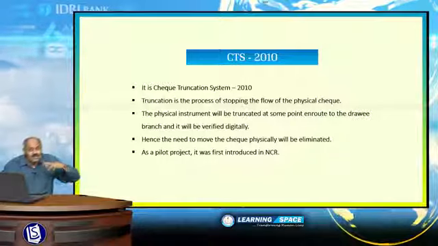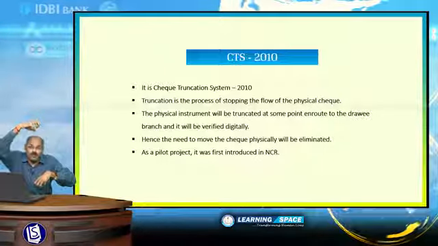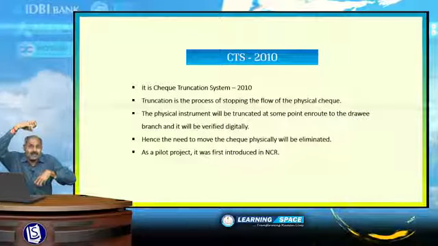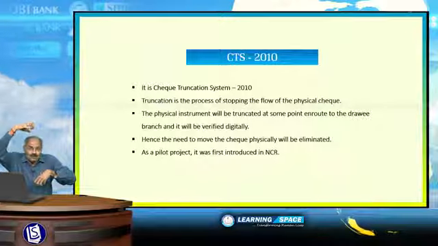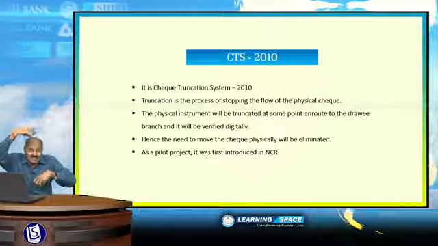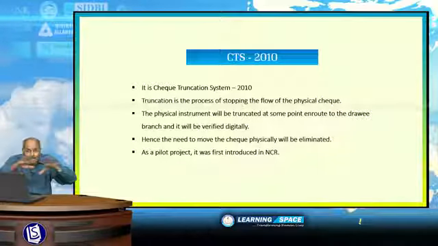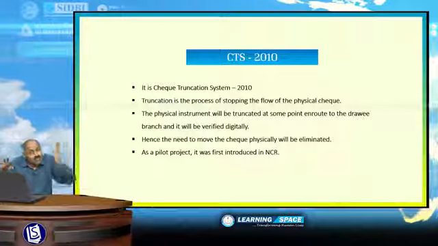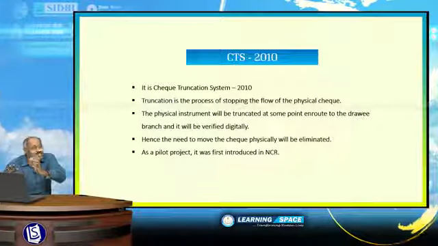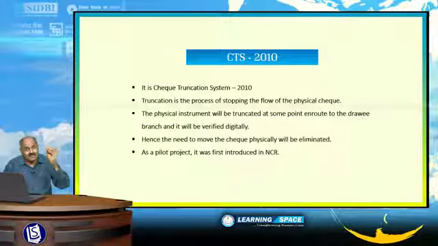If someone is presenting a check in Bangalore, and the account of the maker of the check is in Delhi, then only the image will go from Bangalore to Delhi, but not the actual check. It will be verified through image processing. The physical check will not move. So that is the feature of this CTS check.